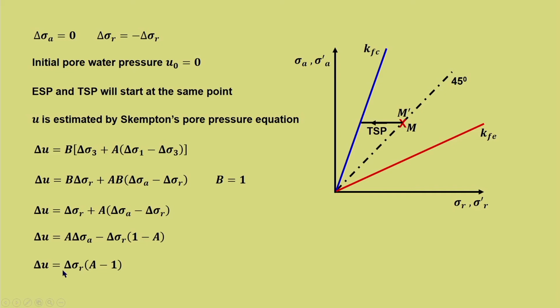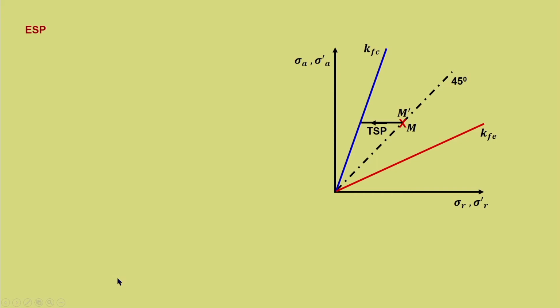So, now delta U is delta sigma R into (A minus 1). So, earlier the expression was different. Now, we need to find out what is the effective stress path. So, effective stress delta sigma A dash is delta sigma A minus delta U. Substitute for delta U. So, delta sigma A is already 0 because that is the condition we are dealing with. So, minus delta sigma R (A minus 1). Delta sigma A dash is equal to delta sigma R into (1 minus A).